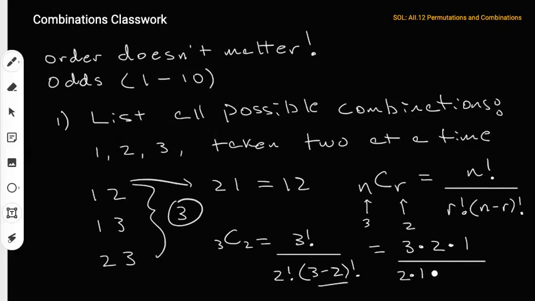And 1 factorial is just going to be a 1. So what happens is we can cancel out all the common factors on the top and the bottom. The 2's are going to match up, so I can cancel those, and these 1's are going to match up, leaving me with just a 3 over 1. And 3 divided by 1 is 3. So I know that I'm going to have 3 separate possibilities when I take the numbers 1, 2, and 3, and I try to put them in groups of 2.